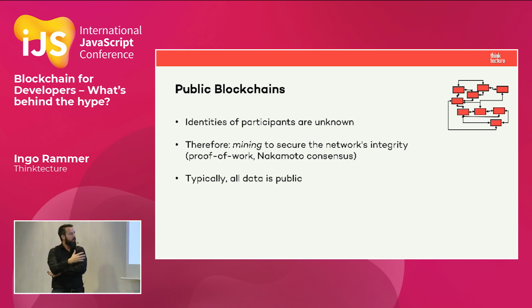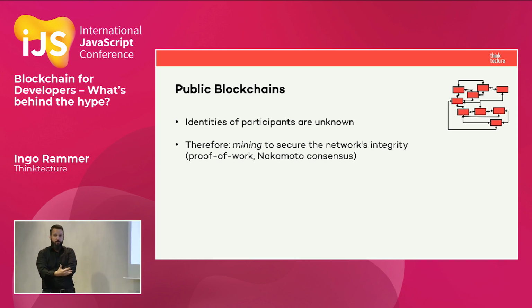This attack is prevented or reduced. The attack surface is reduced by making it very, very expensive to do this. Because to attack the network, to really get the network to agree on your new block, you would have to own, in Ethereum or Bitcoin's terms, 51% of the compute power behind the miners, behind the mining process.